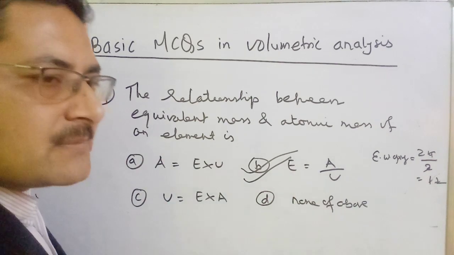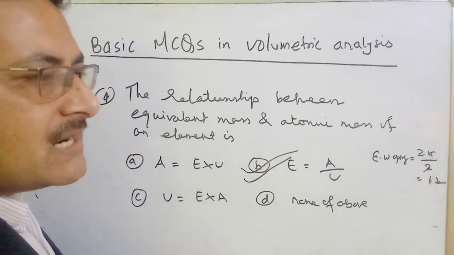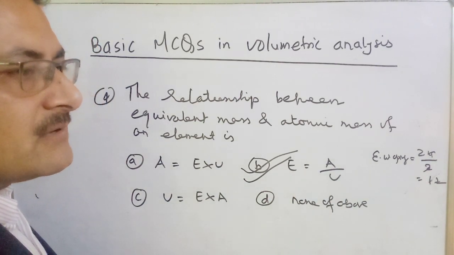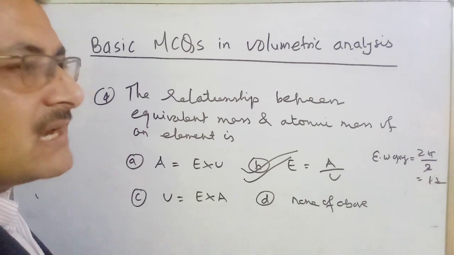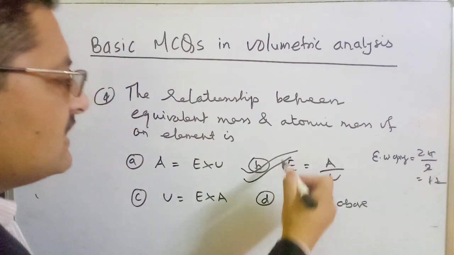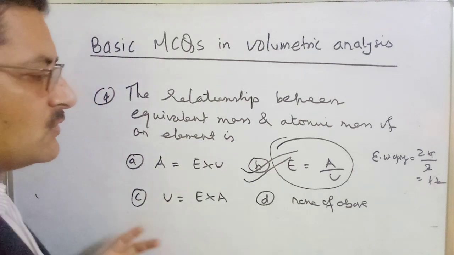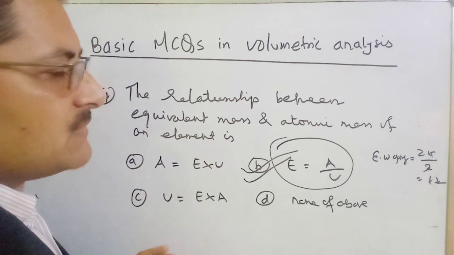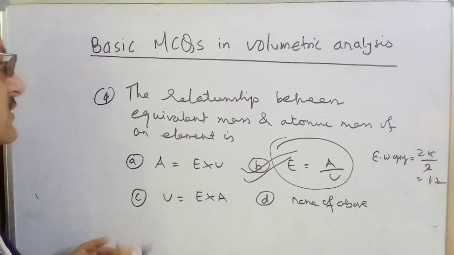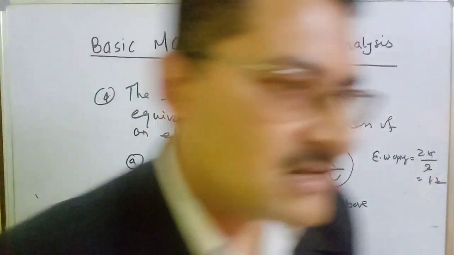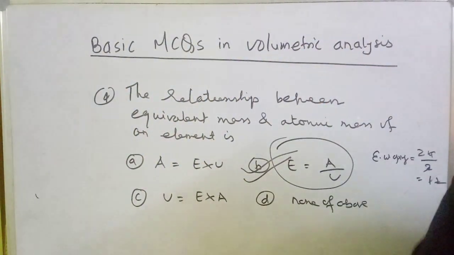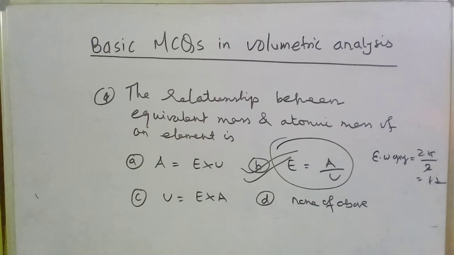Therefore, the equivalent mass of copper in valency 1 state is different from that in valency 2 state. So this relationship is very useful to know about the equivalent mass and atomic mass relationship. So this number 4 is related to that.